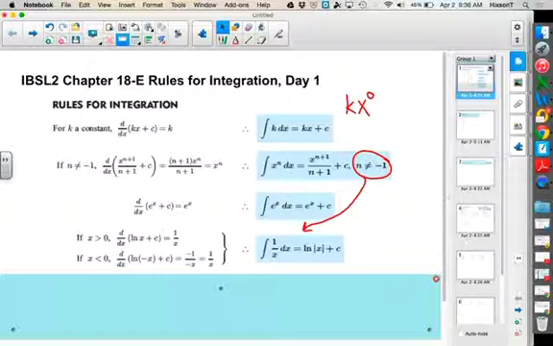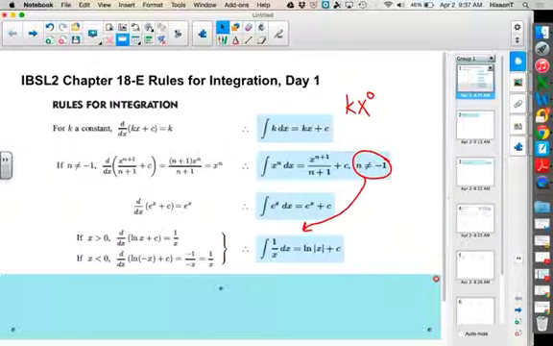Think about it: the natural log gives us the exponent of e that will give us what we're taking the natural log of. I don't care what power you raise e to, it's never going to equal negative 1 or negative 5 or anything negative. So you can't take the natural log of a negative number. That's why we need these absolute value symbols.